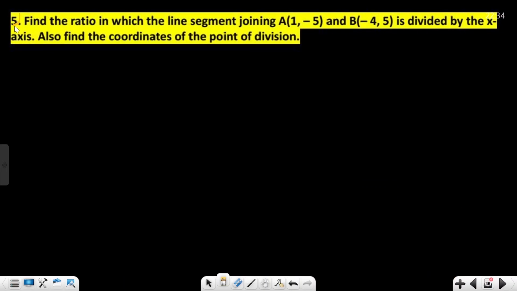Question number 5. Find the ratio in which the line segment is divided. The line segment is given, so first of all we make the line segment. A is (1, -5) and B is (-4, 5). Now read further: it is divided by the x-axis.